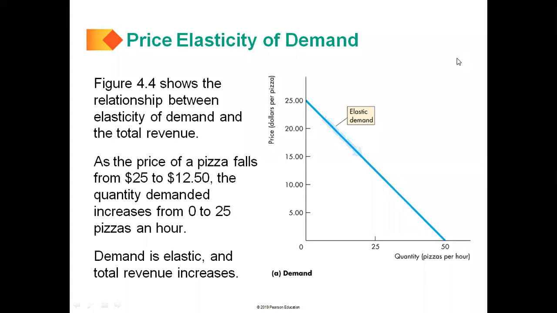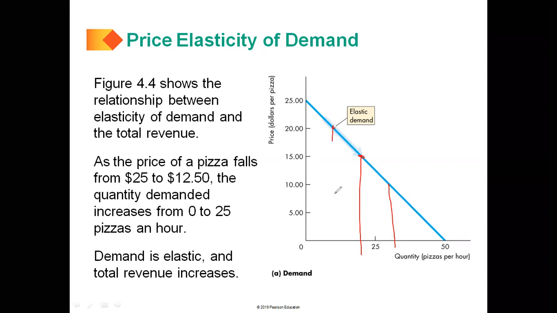I'll get out my drawing tool here. So we're just plotting a bunch of points, here and here, and we're multiplying price times quantity.